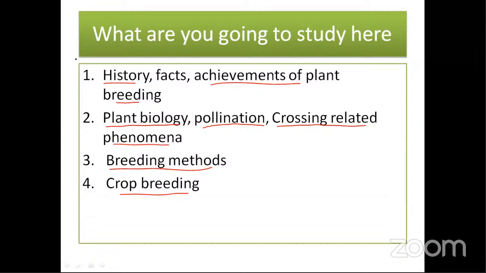Okay, so this is the broad categorization of plant breeding. Apart from this, there will be a section like biometrical genetics, where we will be studying the quantitative trait, as opposed to the qualitative trait. A qualitative trait is one which has distinct classes.